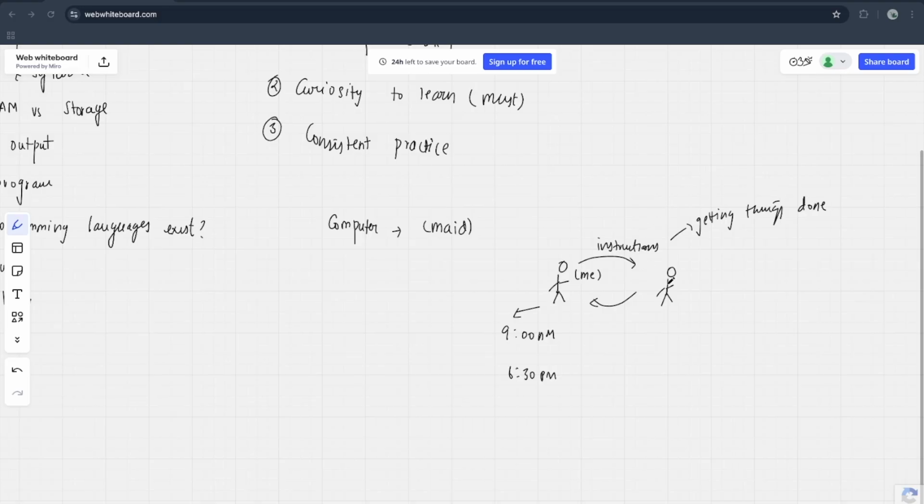For example, if a maid takes 3 hours to clean, wipe and finish all the work that I have given, what if the computer takes only 0.03 seconds?